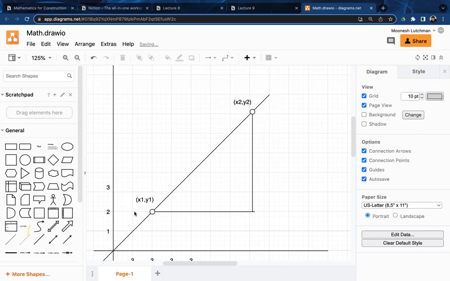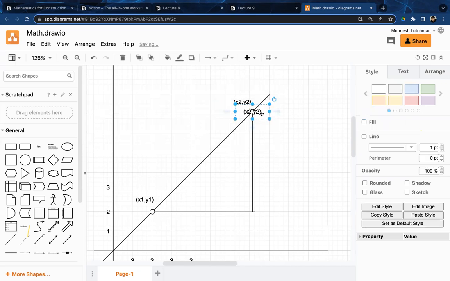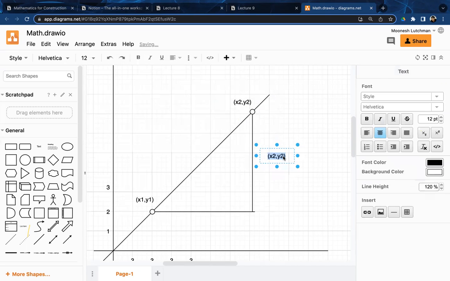So you have 2 points, x1, y1 is down here, and x2, y2 is up here, right? So where's the height of this triangle here, right? Well, that's the vertical distance, the difference in the y coordinates, right? So this distance here is actually y2 minus y1.